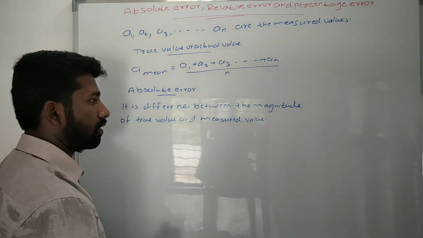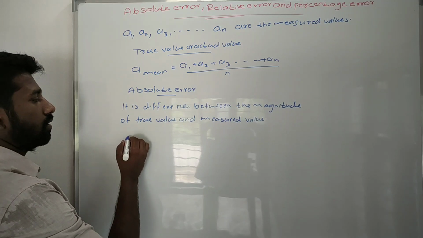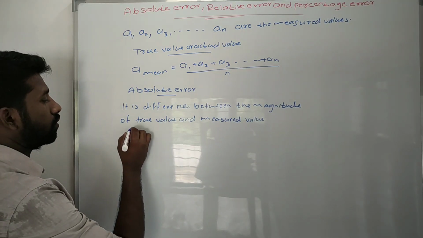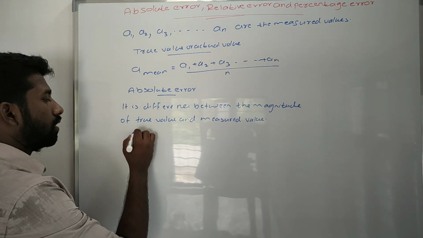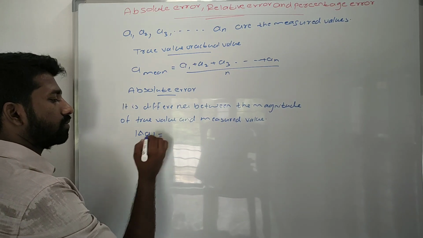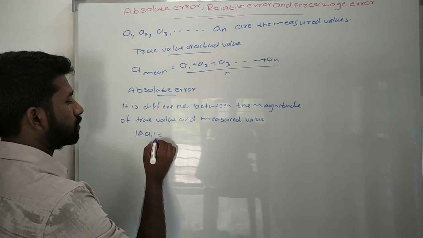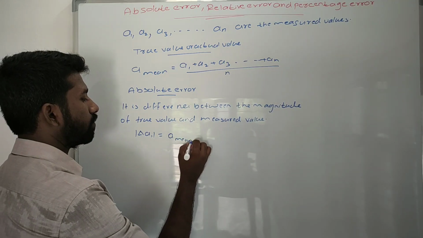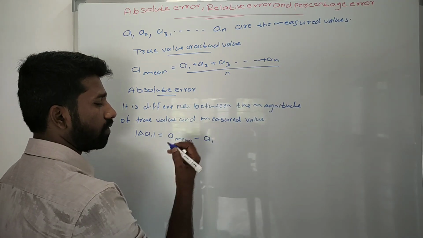Okay, clear? It is represented by the symbol modulus of delta A. The absolute error in the first measurement, modulus of delta A1, is the true value, that is the mean value, minus the measured value A1.